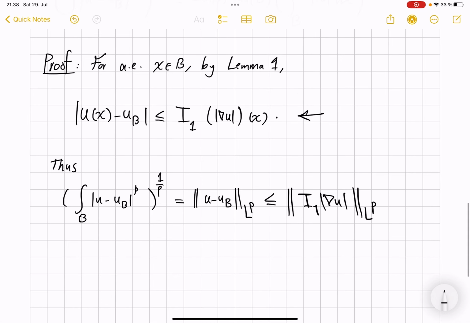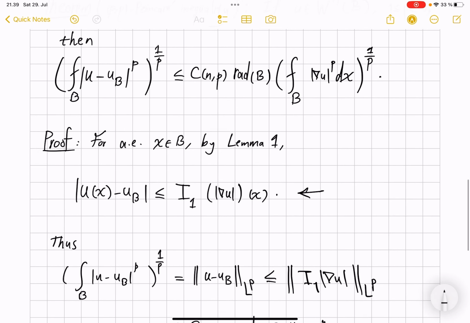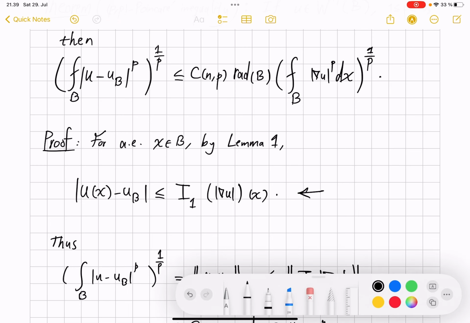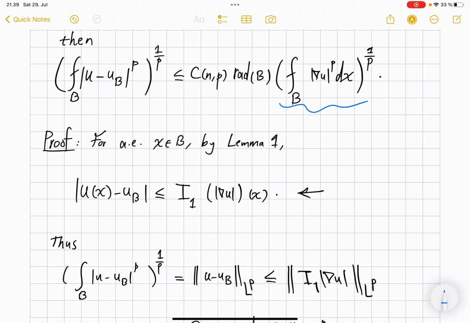But now Lemma 2 comes in, and this says that this is bounded by a dimensional constant, the radius of the ball, and then the L^p norm of the gradient. So technically, you want to take the absolute value to make it a scalar function, and then take the L^p norm, which is none other than this side, except for the averages.